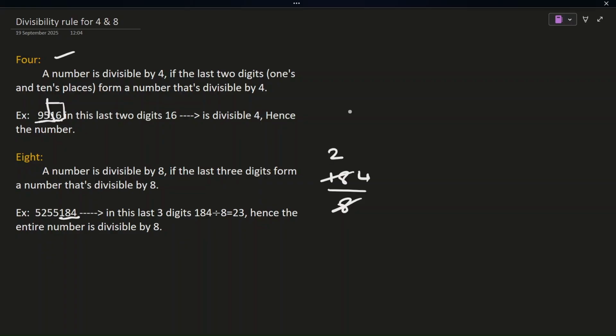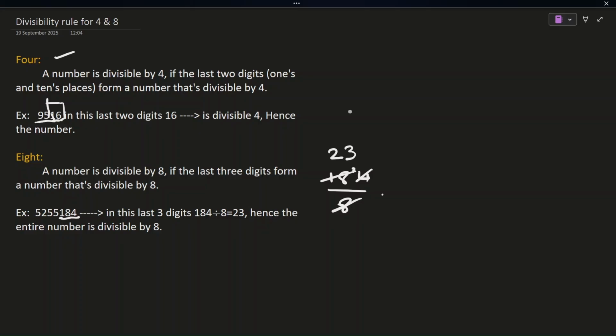Remaining 2 is there, 24, 3 eights are 24. So 23, there is no remainder. So it is divisible by 8. So these last 3 digits are divisible by 8, so this full number is also divisible by 8.